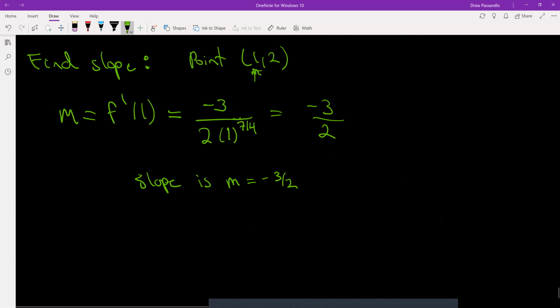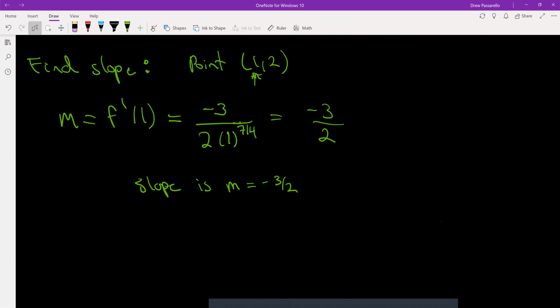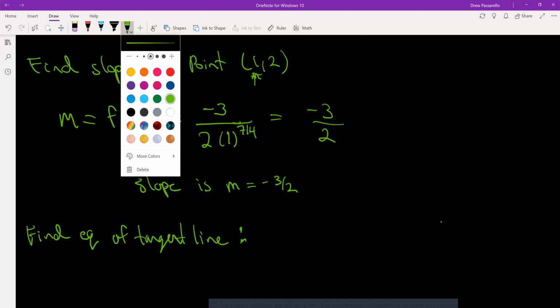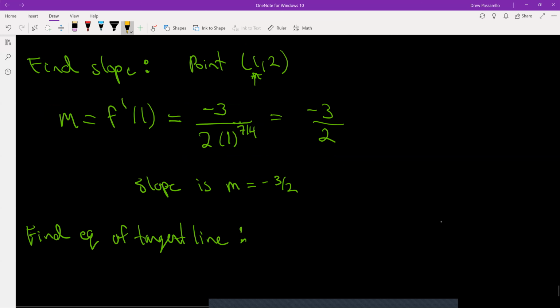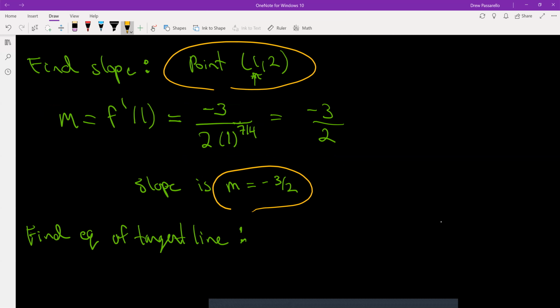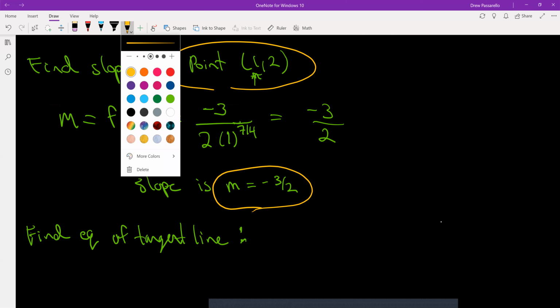So I'm pretty much there. I just need to find the equation of the tangent line. So I know I have a given point, and then I have this slope. I'm going to use point slope form because that's quicker.